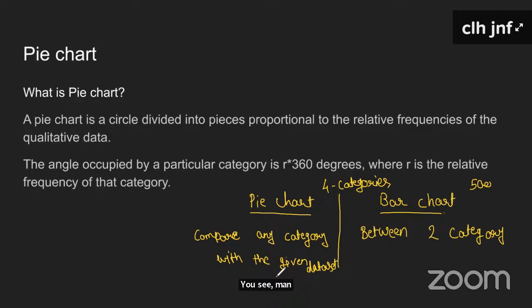You told us that in a bar chart we can compare between two categories. In a pie chart also, I think we can compare according to the percentage. Yeah, you can have two categories or more than two categories, because it is clearly shown in the pie chart that this product is this much percentage, and everything is defined.